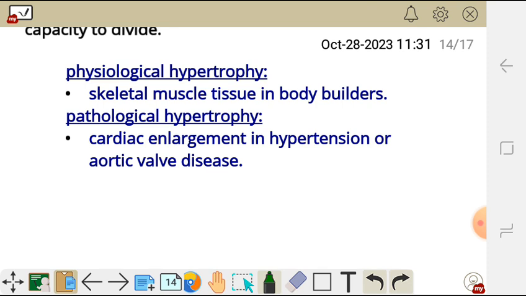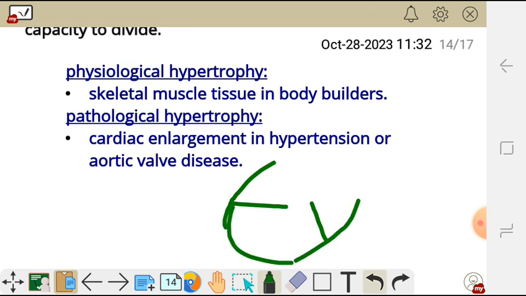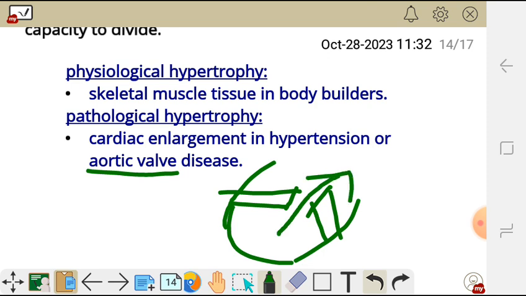And then in aortic valve disease, there is stenosis of the valve from the left ventricle to the aorta. We have what we call the aortic valve there. If this valve is not functioning properly, then the heart will have to pump blood with high pressure so that the blood can flow through that defective valve.